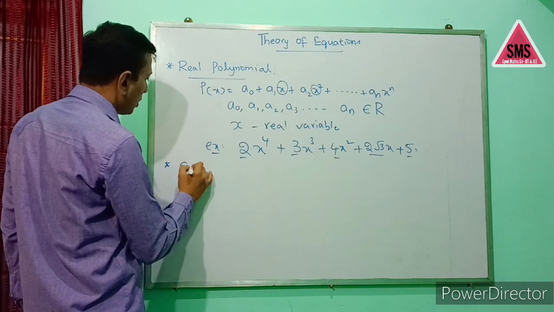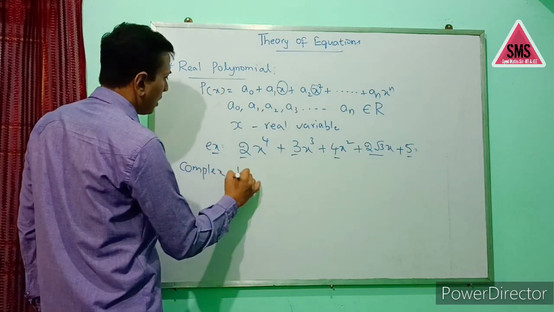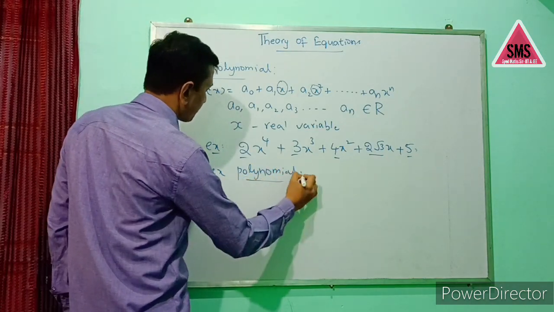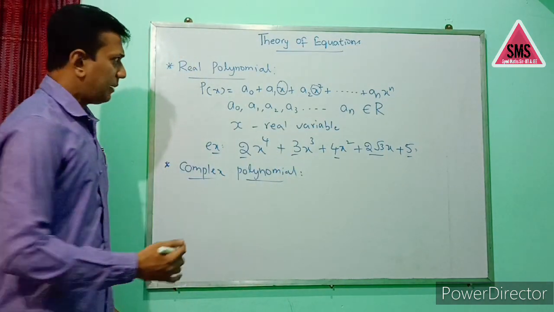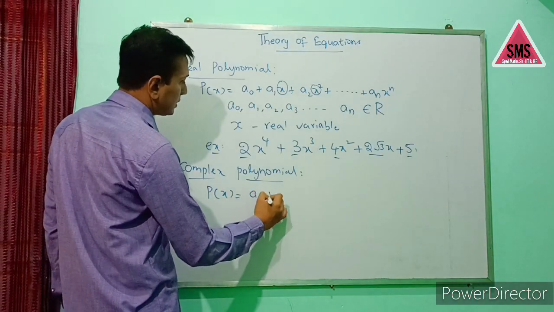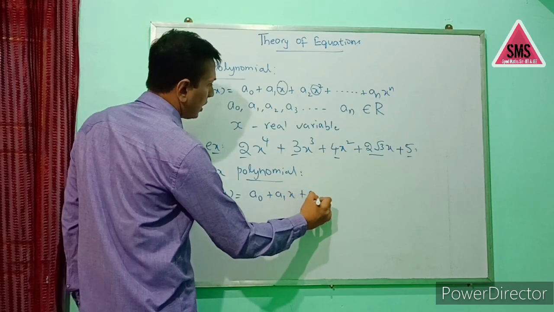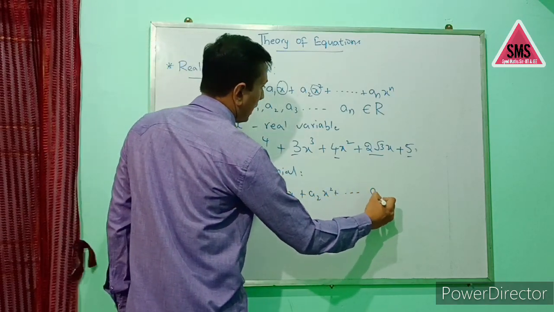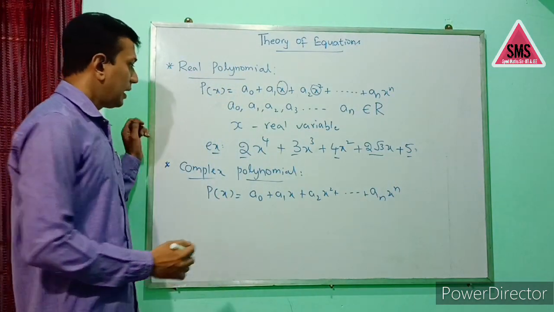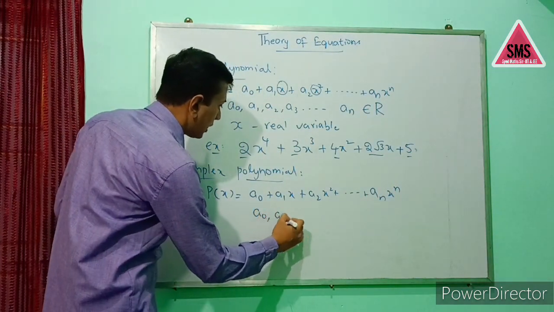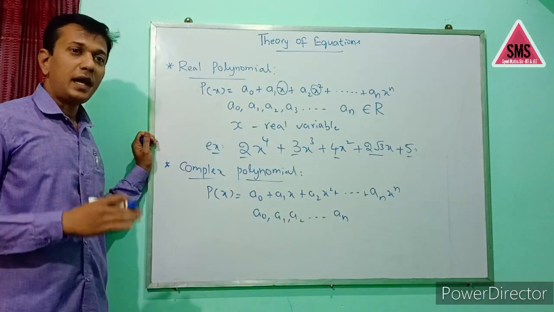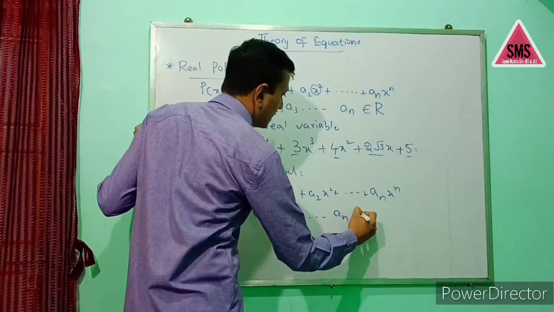Similarly, we have complex polynomial. What is the meaning of complex polynomial? The same general form we can consider here. P of x is equal to a naught plus a1x plus a2x square and so on up to an x power n. Here the coefficients a naught, a1, a2, whatever we are considering as coefficients, are called complex coefficients.